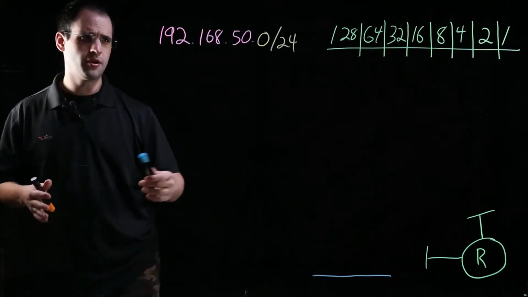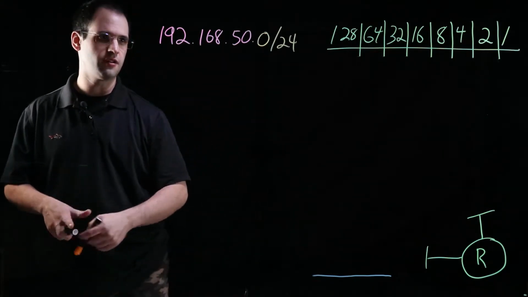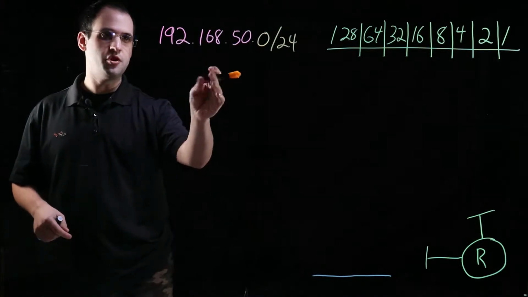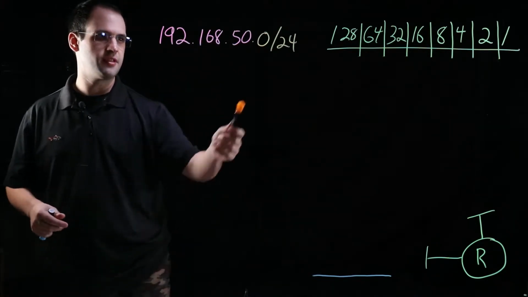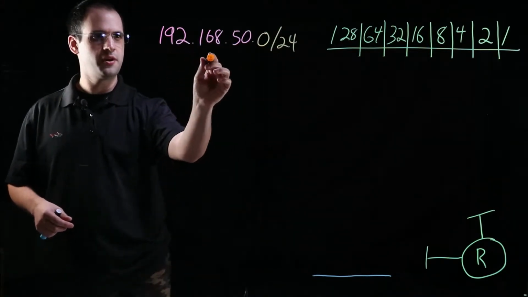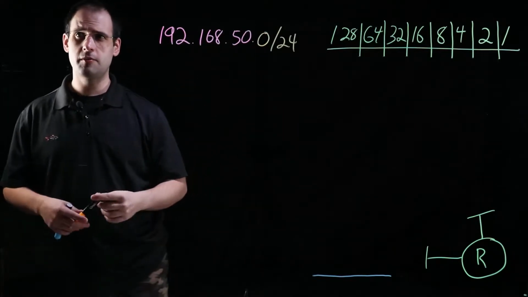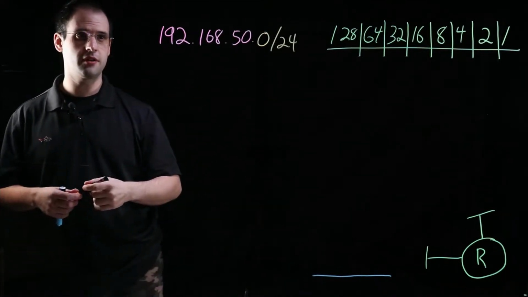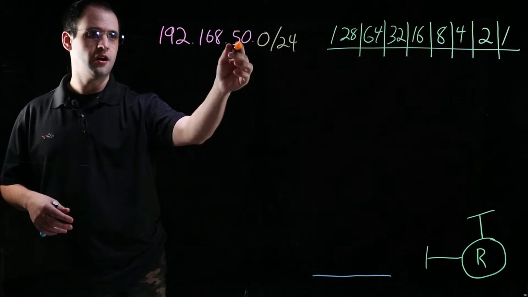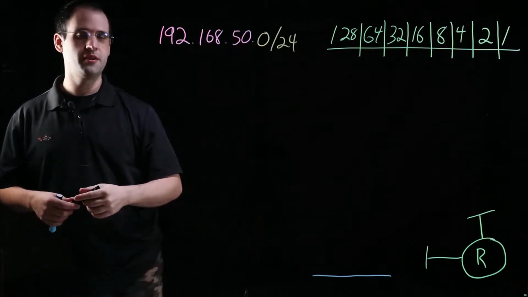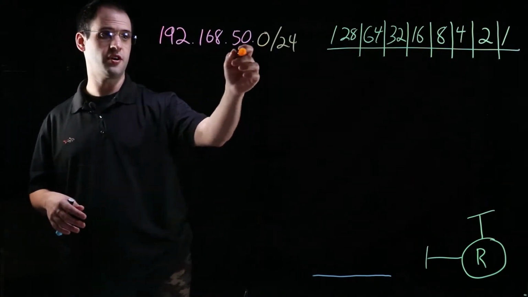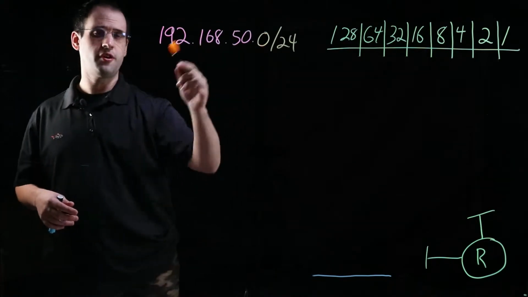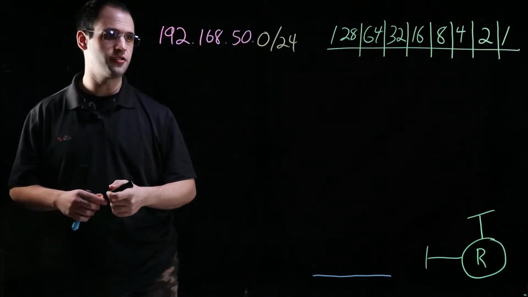The real reason why this is in a different color is we've known from this point that in a /24, these three octets are going to be locked in as our network bits, right? There's 24 bits here, lining up all three of these first octets, and then this fourth octet has all of our zeros in it.